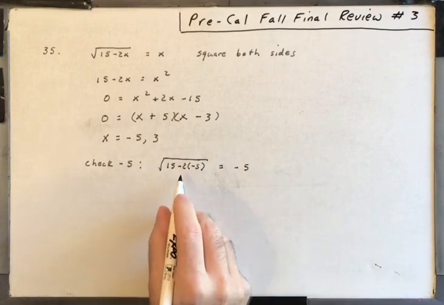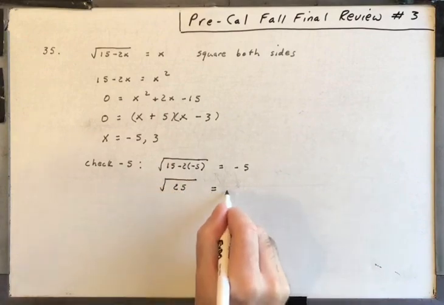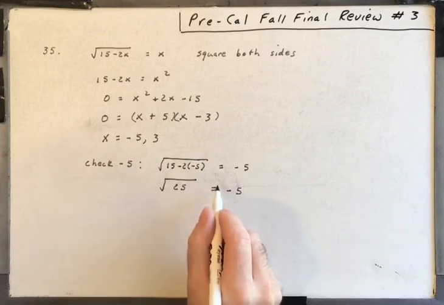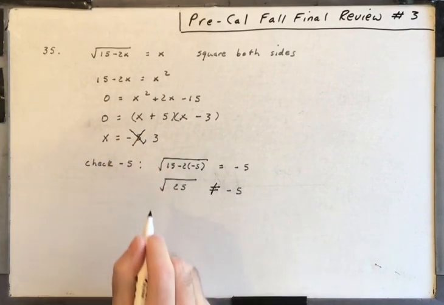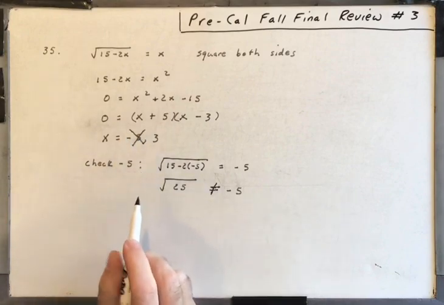Well, I don't think it's going to. That's the square root of 25. Does that equal negative 5? And it does not. So negative 5 doesn't check. It's extraneous. I don't make you write it all out. You just put a big X through negative 5, and I know what it means.